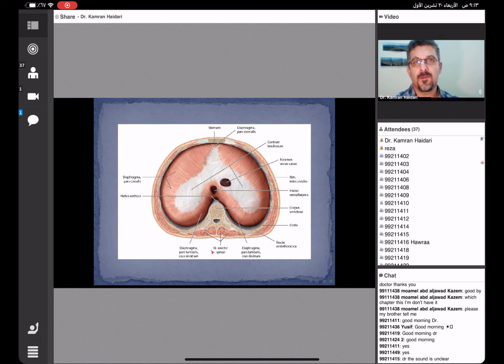The central tendon of the diaphragm looks like a clover leaf and consists of three leaflets: right, left, and anterior.